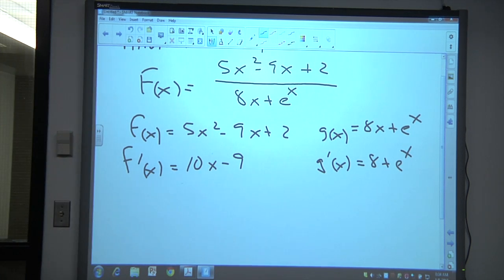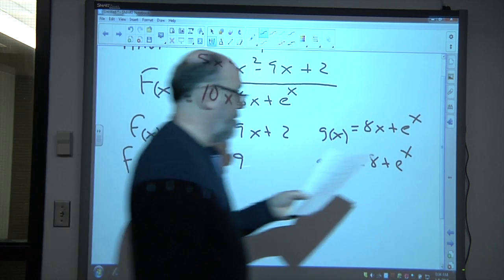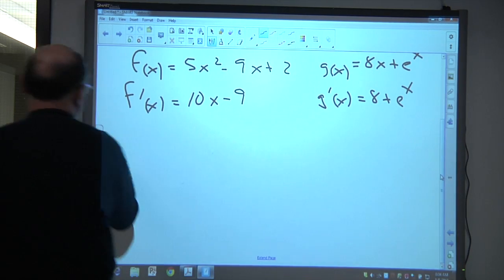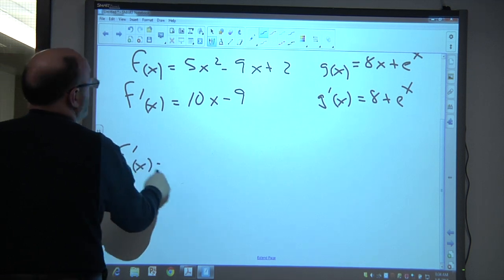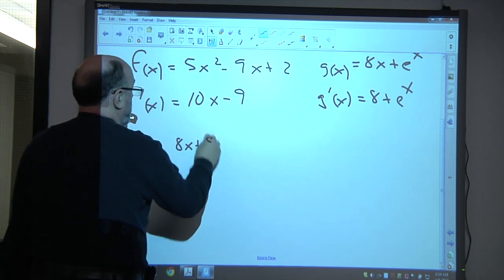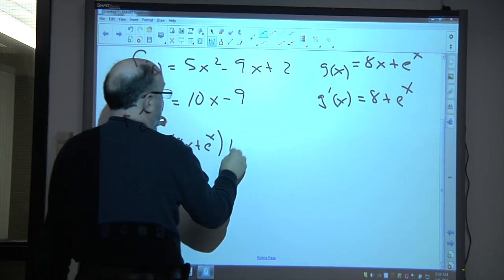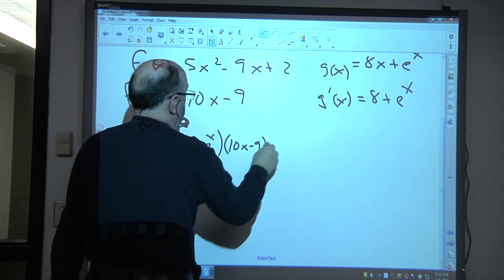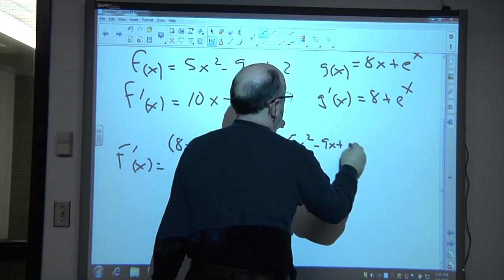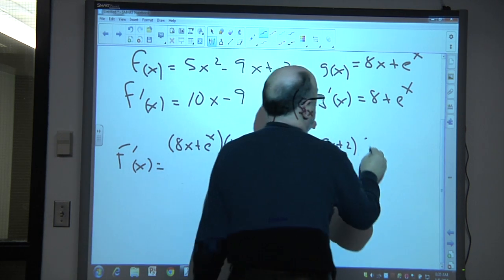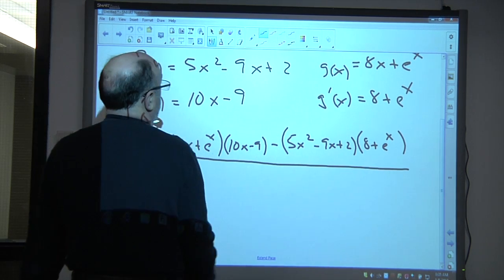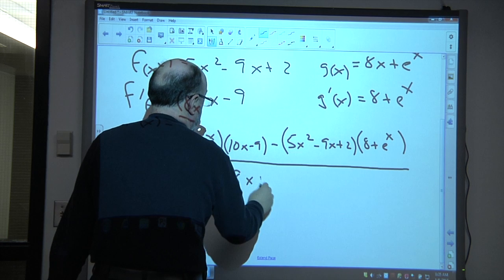Right? So now that we have all the pieces, we will plug that into the format. And so my derivative is going to be the bottom term times the derivative of the top, minus the top term times the derivative of the bottom, all over the bottom term squared.